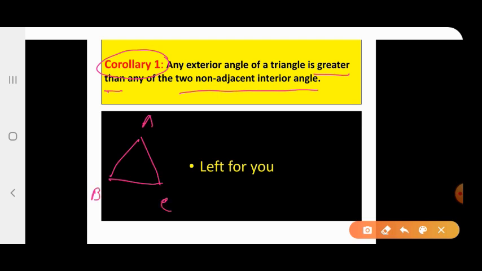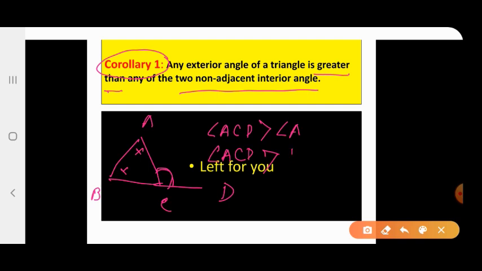Let us produce BC up to the point D. Then this angle ACD is an exterior angle of the triangle, and the two non-adjacent interior angles are this angle and this angle. So we have to prove angle ACD is greater than angle A, also angle ACD is greater than angle B. Okay, this is the first corollary.